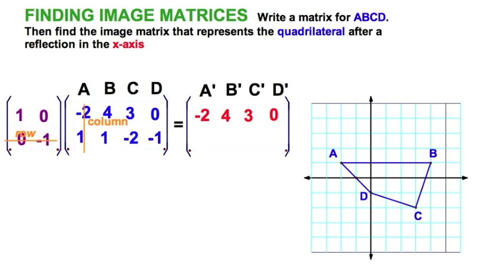Now, the second row times the column is, of course, going to reverse every value in this bottom row. 0 times -2, -1 times 1, that's going to be my -1. And again, row times column, 0 times 4, -1 times +1, again with a -1.